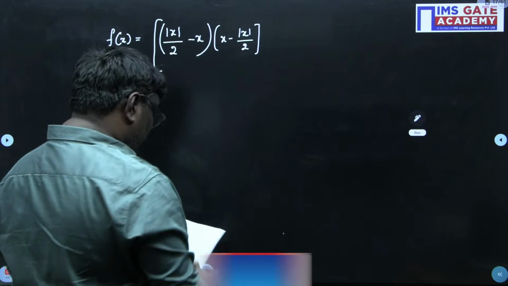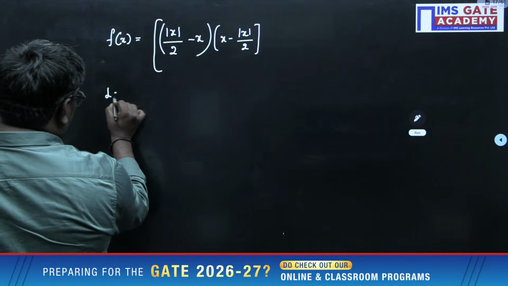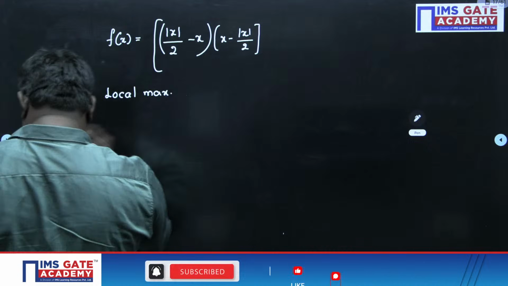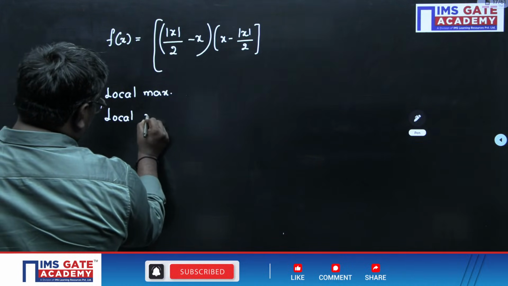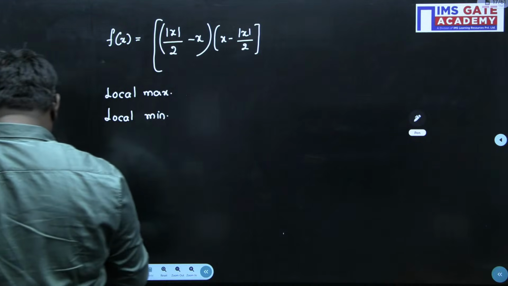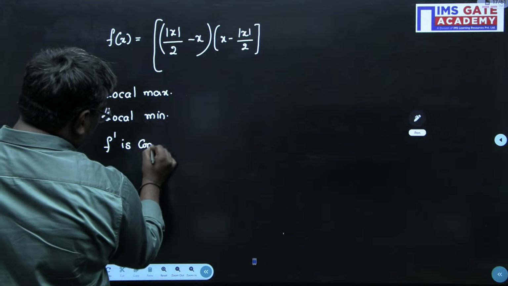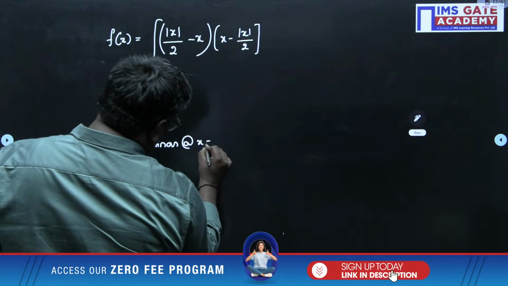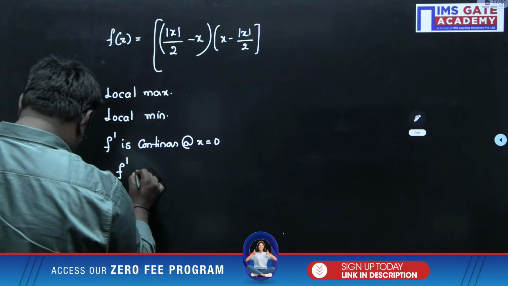They have given options, it is an MSQ question: there is a local maxima, local minima, f dash is continuous at x is equal to 0, and similarly, f dash is differentiable.